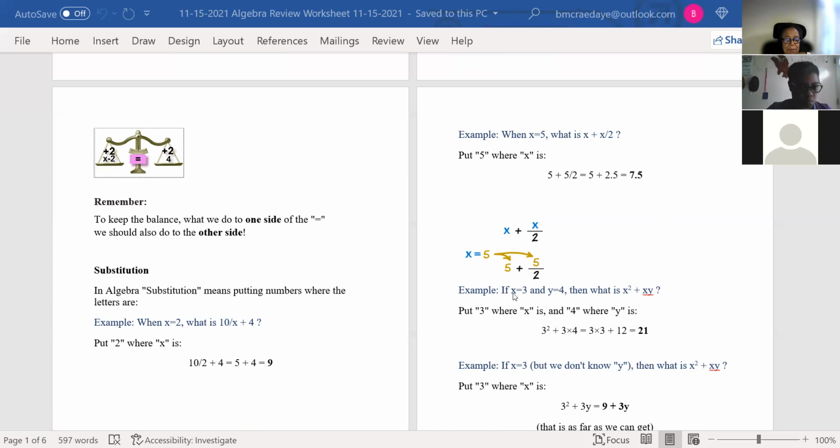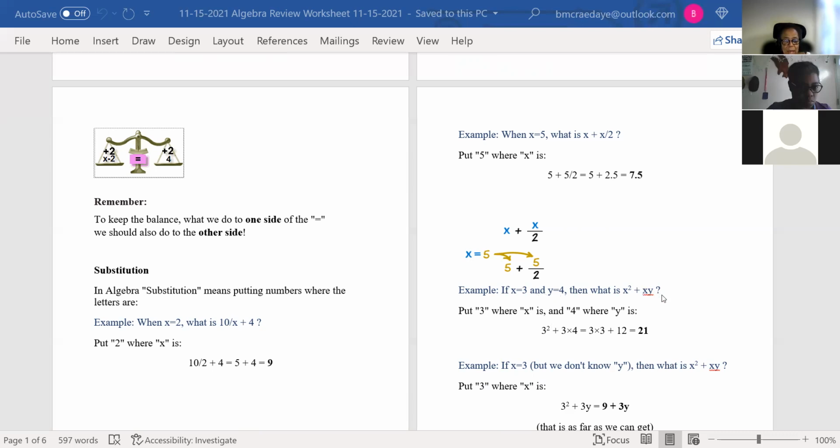Another example. 2 variables, x is 3, y is 4. What is x squared plus xy? Now, wherever we see an x, we put a 3. Where we see a y, we put a 4, right? So x squared becomes 3 squared.